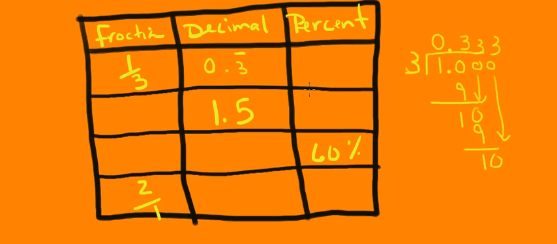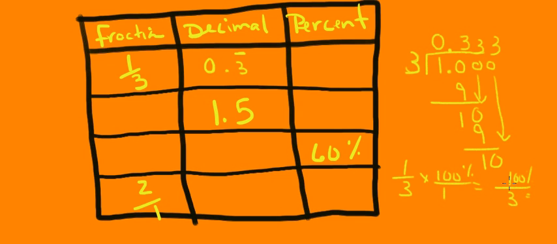Now for a percentage. I know that to find the decimal, once I have the fraction, I divide the 3 into the 1. When I want to find a percentage, what can I do? Julia? Yeah, I take my fraction of 1/3 and multiply that by 100%, which is 100 over 1, and that gives me 100% over 3.